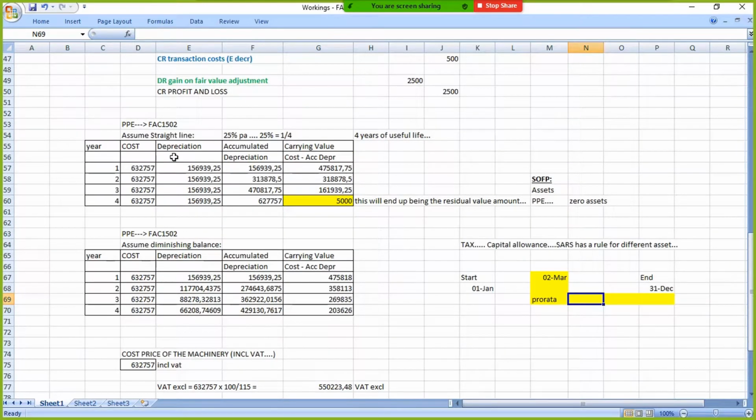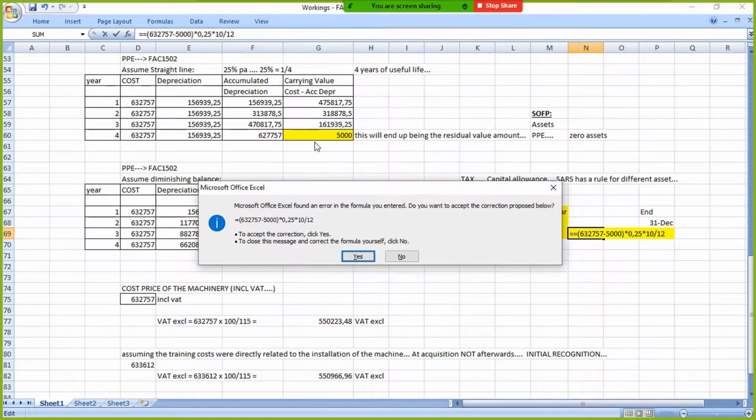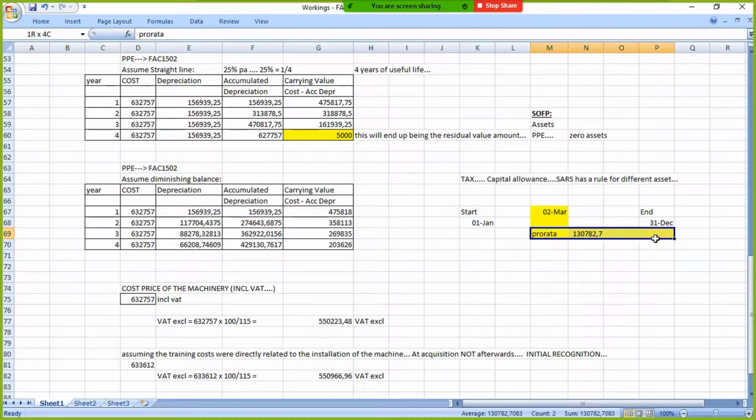So you'll have the same as what we had earlier. Copy paste that. This amount was 632,750 minus 5,000 times 25% times 10 over 12. Pro rata would have been based on, if it's depreciation, the cost excluding VAT.